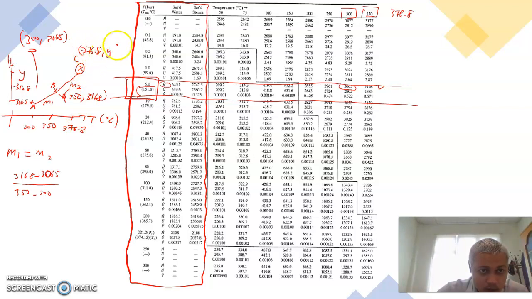We can do something like this: we take y minus 3168 over, since we use these two points B and C, y minus 3168 and then 376.8 minus 350.